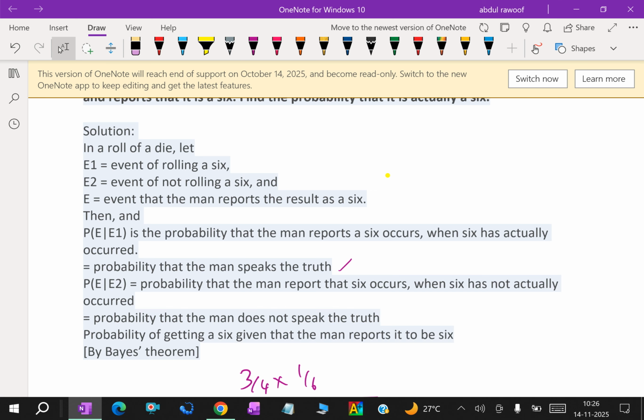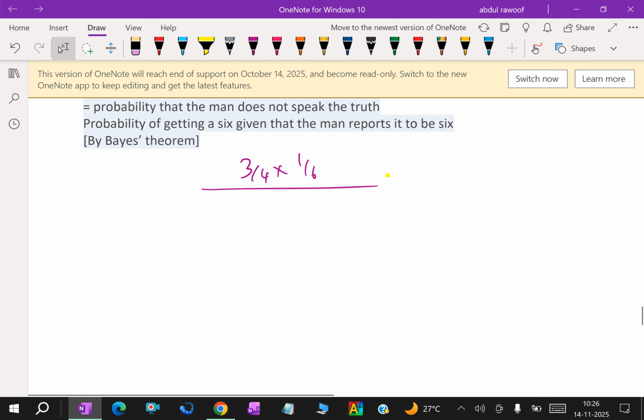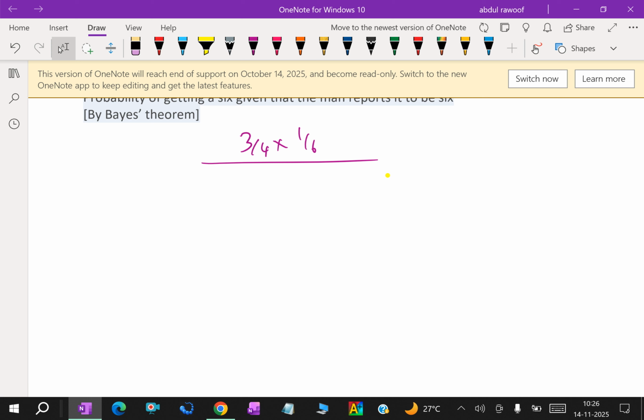You are rolling a die, he sees 6, it is really 6. Then 3 over 4 into 1 over 6 plus 1 over 4. That means not 3 over 4 is 1 over 4, and 5 over 6, which is equal, simplifying, to 3 over 8.